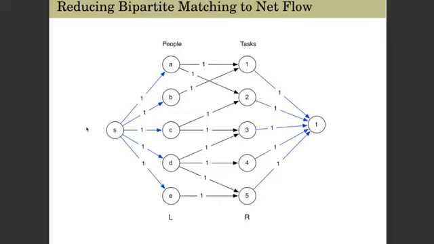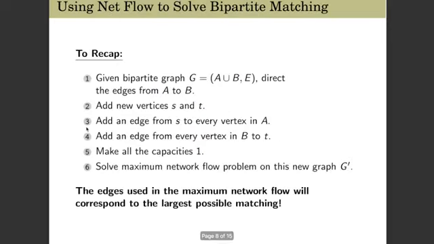Now in this graph, if you find the maximum flow, then we will find the maximum matching in the bipartite graph. As I mentioned, we will not talk about how to find the maximum network flow in this video. For that, please do watch another video in this playlist. But what I talked about here is how to convert a bipartite graph into a general graph on which you could apply the network flow problem.